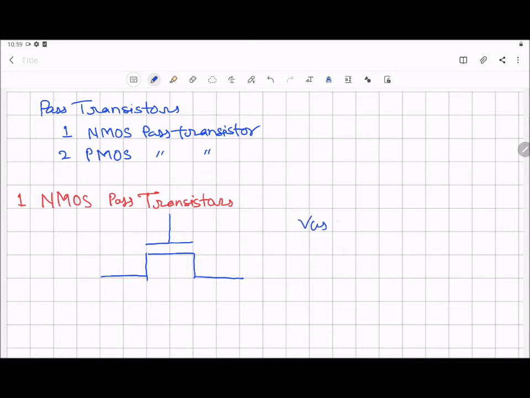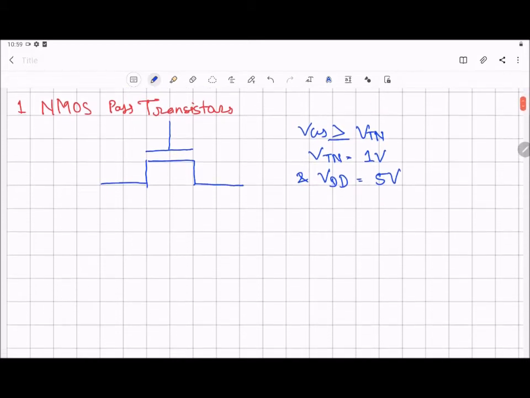Now, we know that to turn on the MOSFET, VGS must be greater than or equal to VTN, that is the threshold voltage. For all my discussion, I am going to assume VTN is equal to 1 volt and VDD is equal to 5 volt.